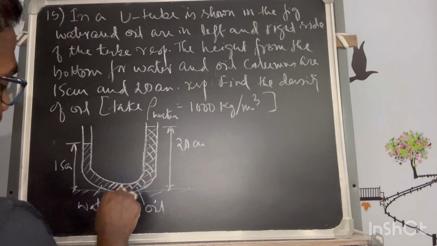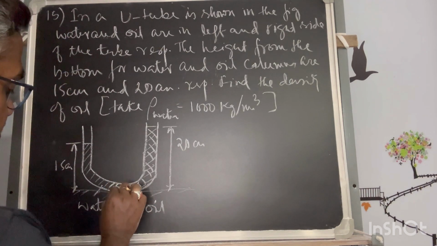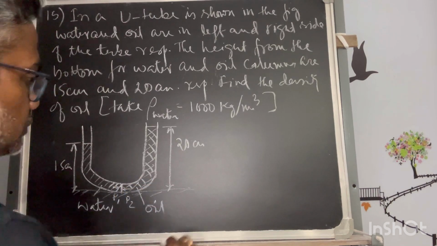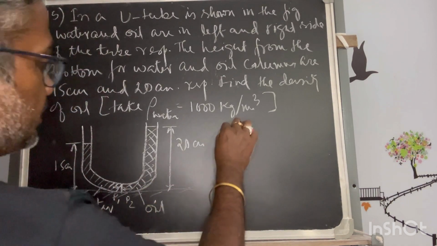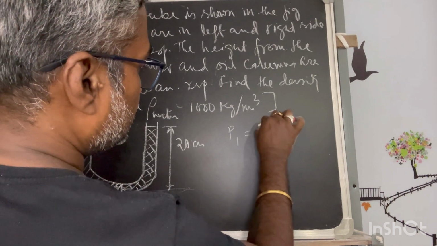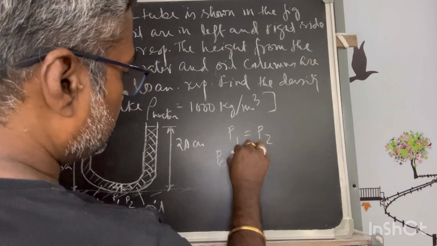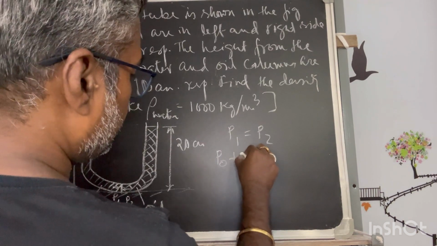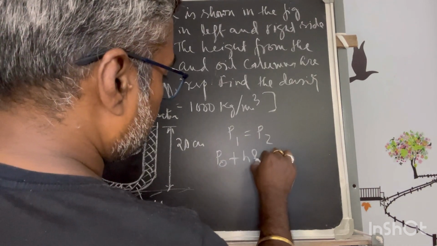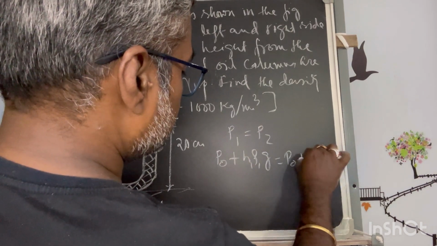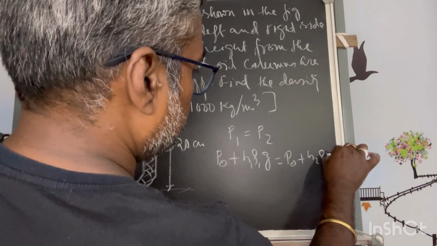At this part, the pressure from both sides is the same, P1 equals P2. P1 is the atmospheric pressure P0 plus H1 rho 1 g, which is equal to P0 plus H2 rho 2 g.